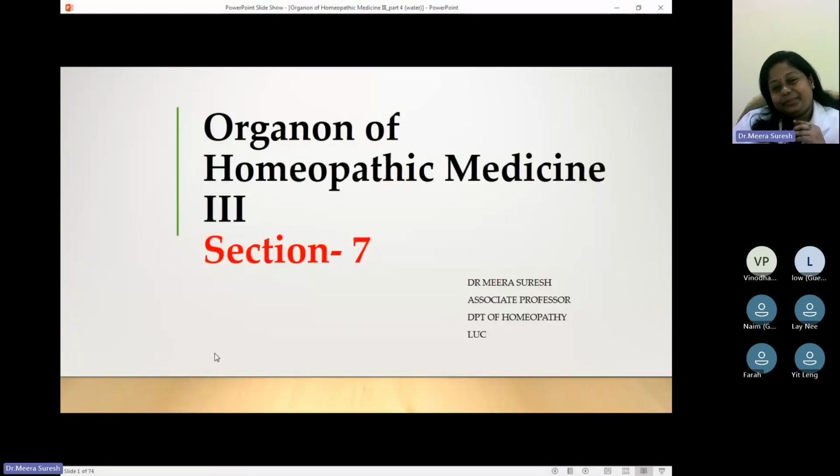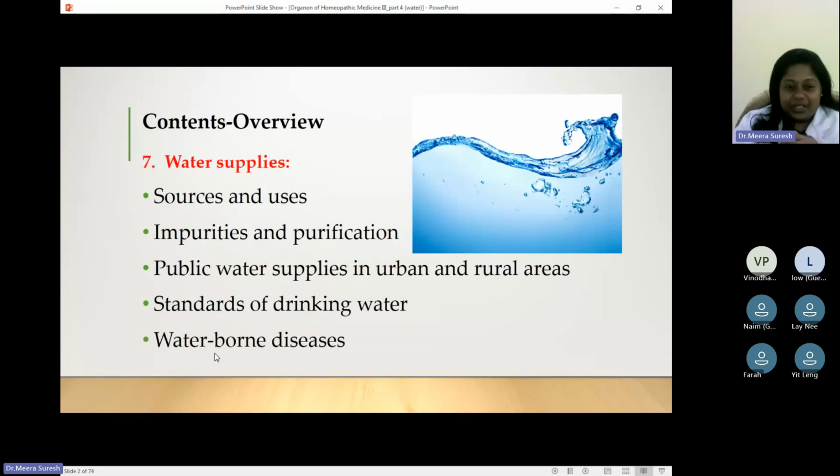Did you see the PPT? Yes. Okay, so we directly go to section 7, which is about water supplies, because I want to complete environmental health, as I told you. Under water supplies, we have the different sources of water supply, the uses of water, which is pretty obvious, the impurities present in water, the purification process, the public water supplies in urban and rural areas of Malaysia, and the standard of drinking water.